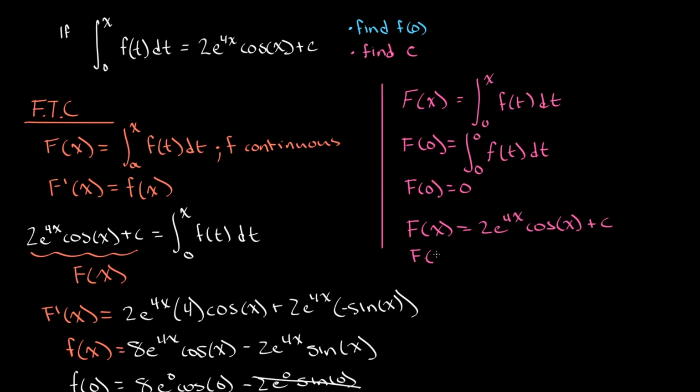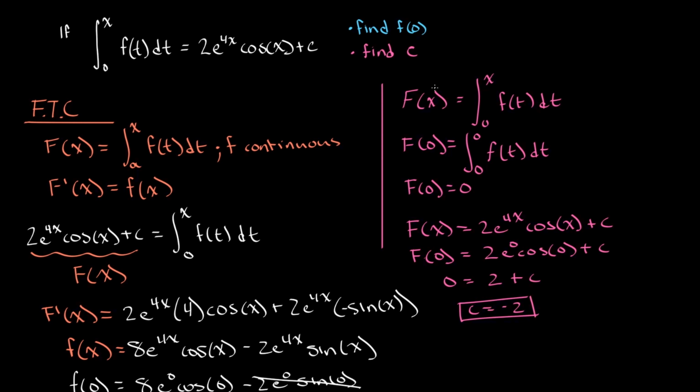So we have capital F of 0 is equal to 2e to the 0 power times cosine of 0 plus c. And we said that capital F of 0 is 0. And then on this right-hand side, we have 2 times 1 times 1, so we have 2 plus c. And then finding c, we have c is equal to negative 2. And that is the problem.